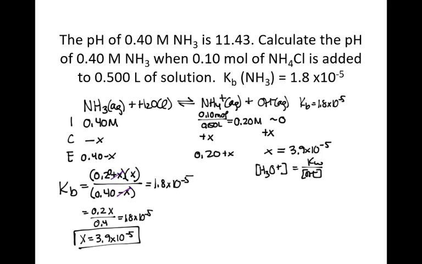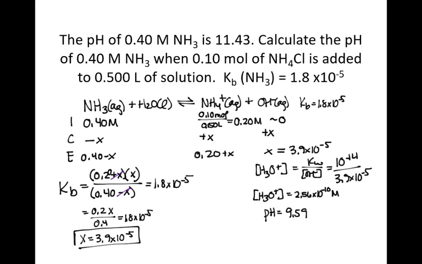So that's going to be 10^-14 divided by 3.9 times 10^-5. So the H3O+ concentration will equal 2.56 times 10^-10. And if we find the pH, that'll be negative log of that number. The pH will be 9.59.